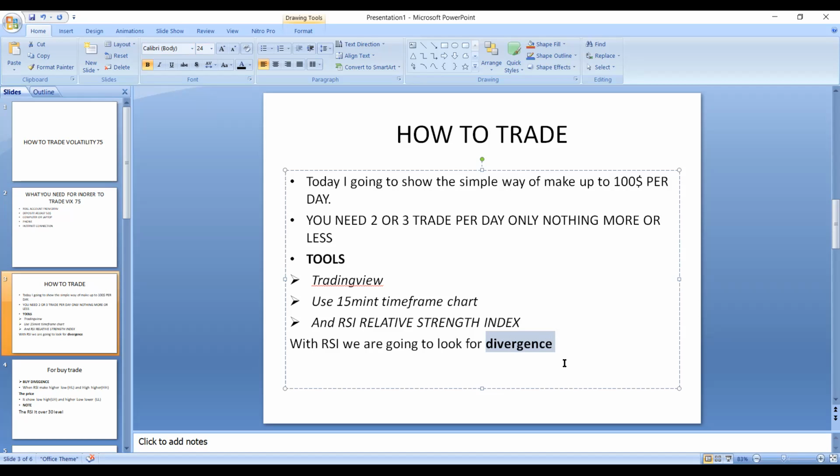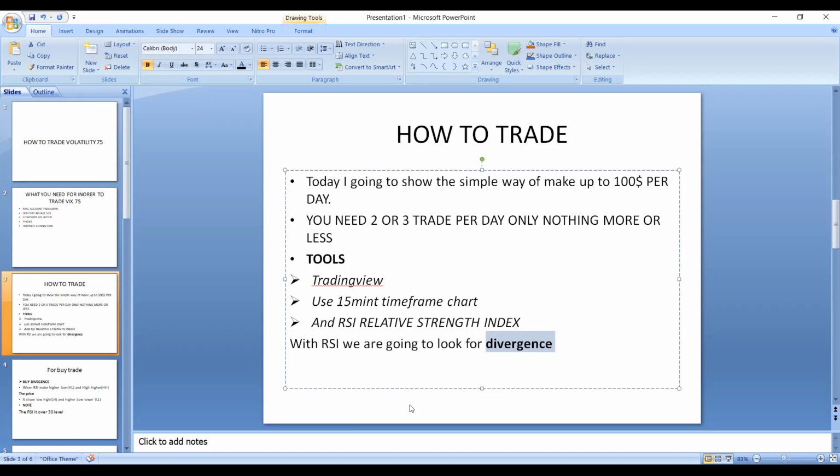Simply, you are comparing the RSI movement and the price movement. If they are in opposite directions, then you follow what the RSI is telling you. Don't follow the price. If it's vice versa, you also follow the RSI.